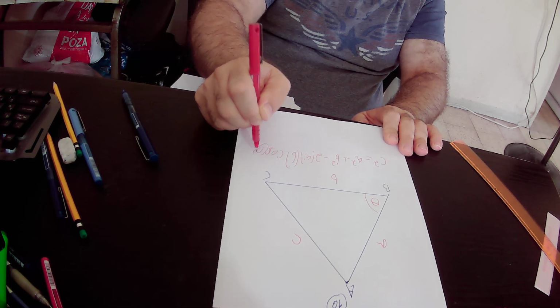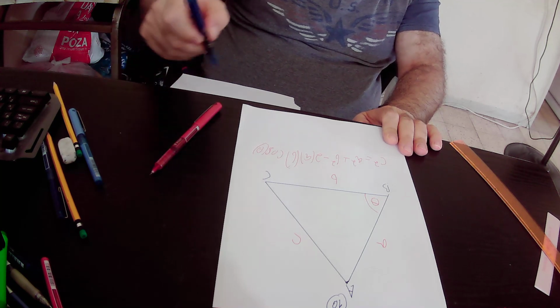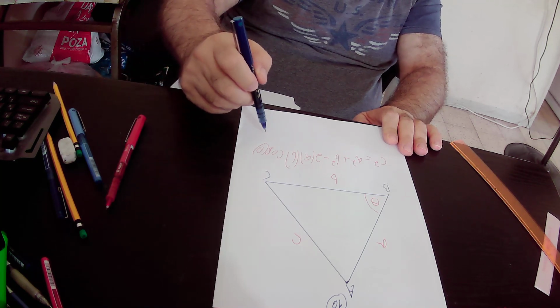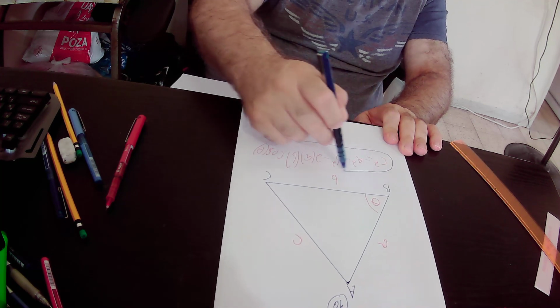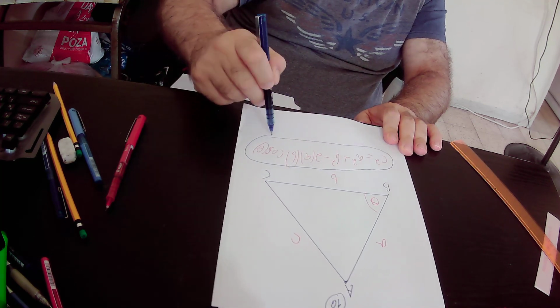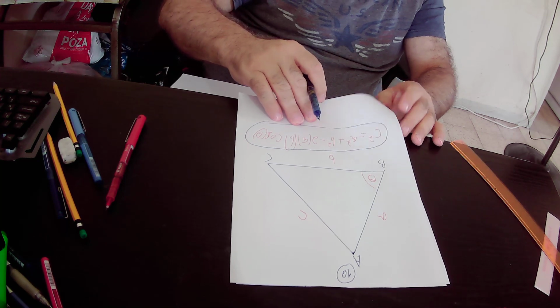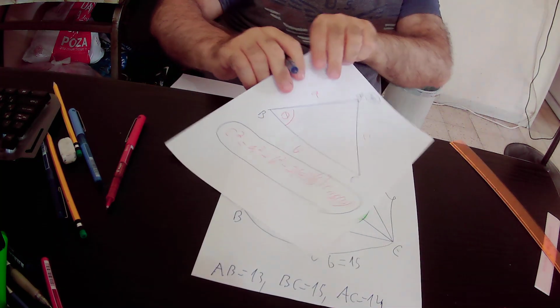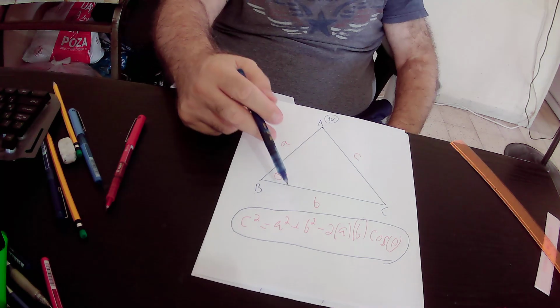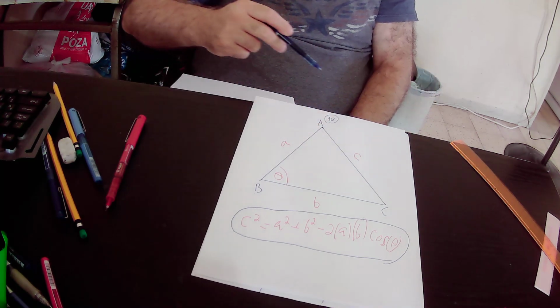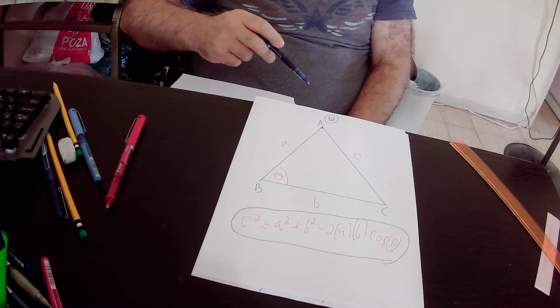Okay, and this equality is valid in any triangle. C square equals A square plus B square minus 2 times AB times cosinus theta.